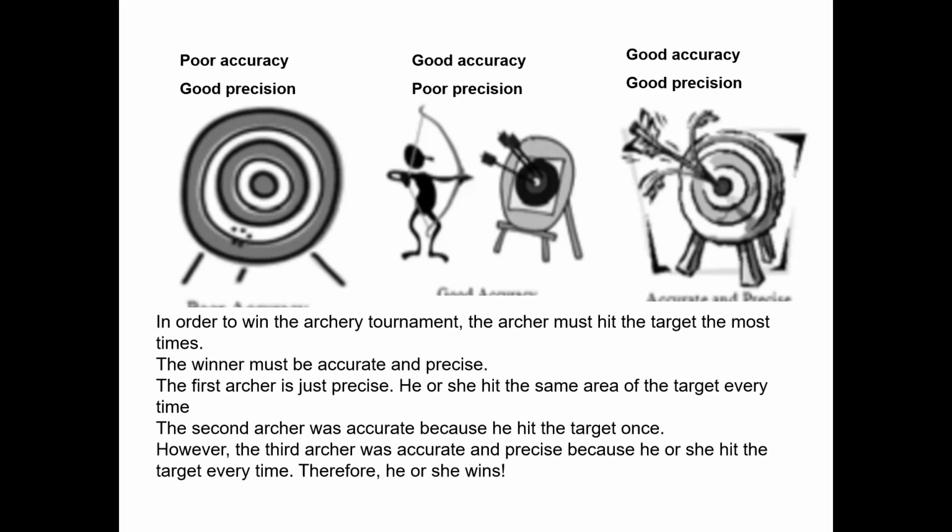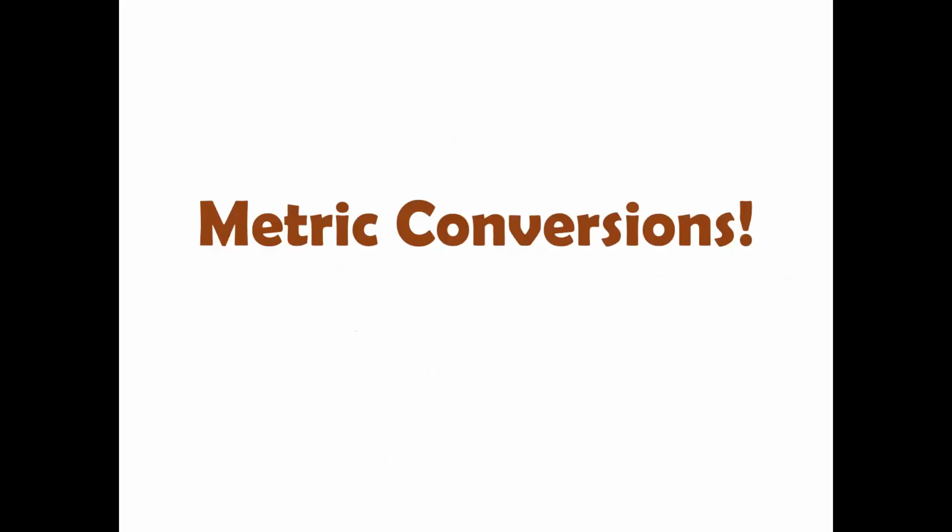And the third one was accurate and precise, both, because not only did she hit the target every time, but she or he also hit it consistently, right? All right, so basically they're all repeatable. As a matter of fact, they're so repeatable, they fell in each other. He split the arrow. All right, so that's kind of how that works.